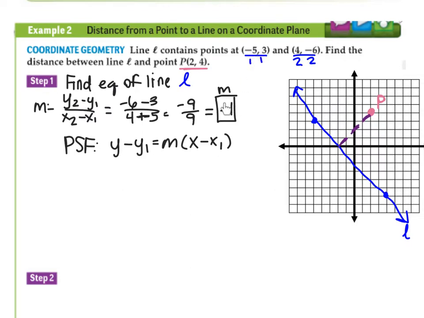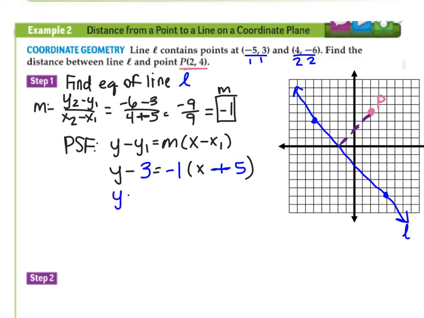We'll use our slope and my points labeled 1s. So we have y minus y1, which is 3, equals -1, our slope, times x minus -5.